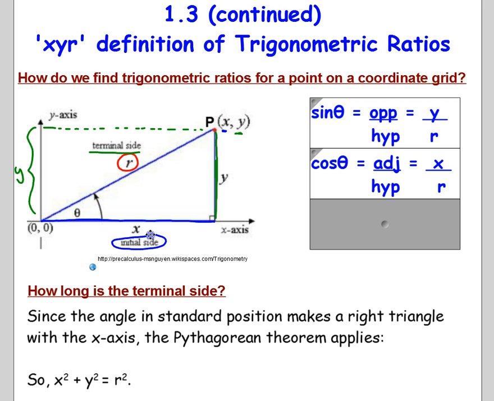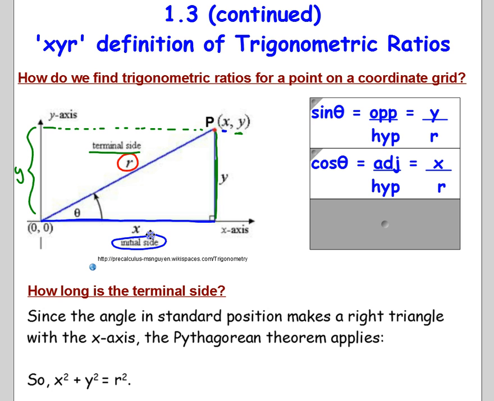So we have these two first primary ratios, the sine and the cosine, now being defined as a fraction, which is what sine and cosine are, their ratios, but in terms of the properties of this point, and if necessary, because the hypotenuse now has its own separate label, we're also going to be using the length of that terminal arm.